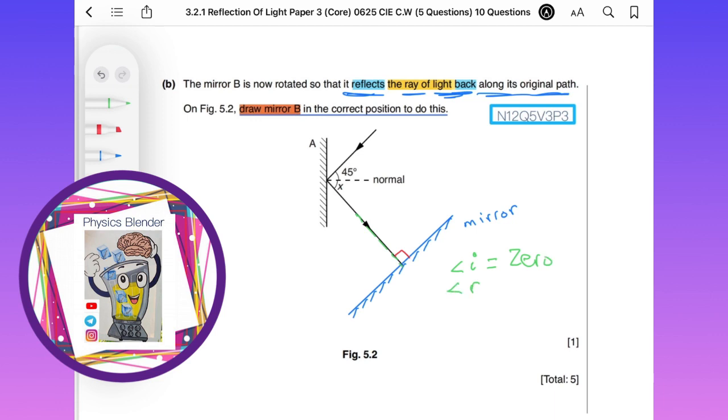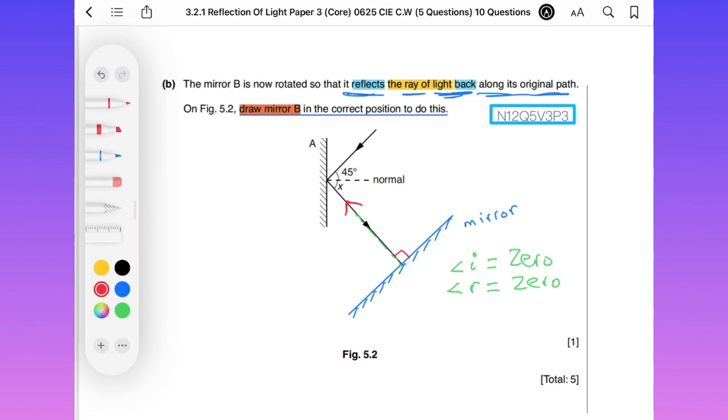The angle of reflection also will be equal to 0. Why? Because the ray will be reflected back along its path. So the ray will be reflected in this direction. So the incident ray and the reflected ray are along the normal, and the angle of incidence and the angle of reflection will be 0 in this case.